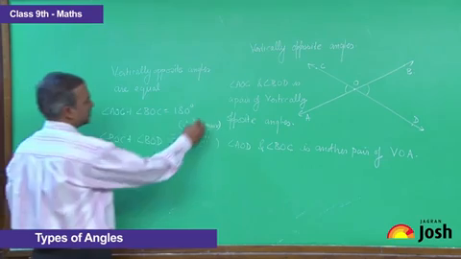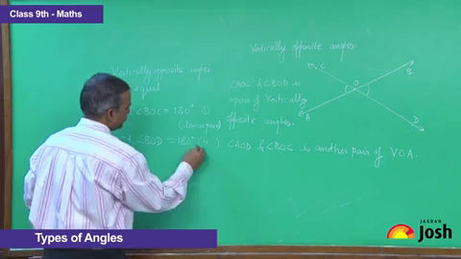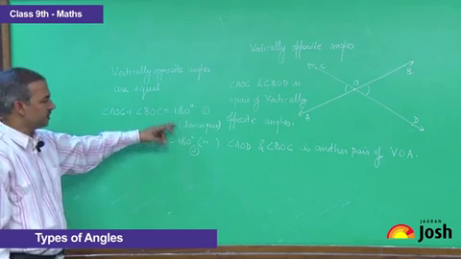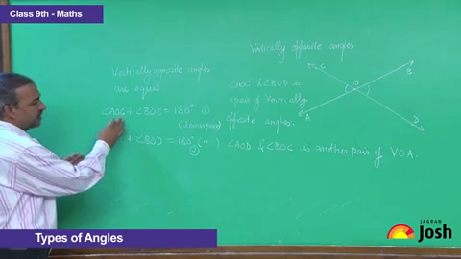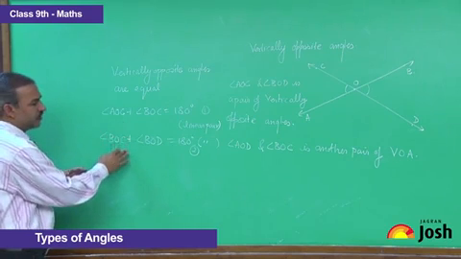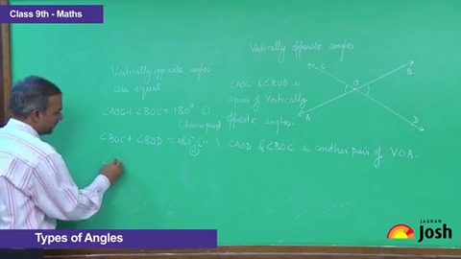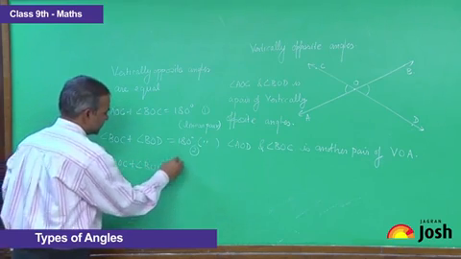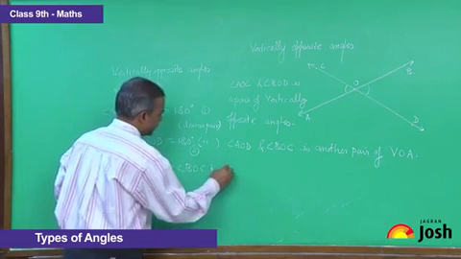If you consider these two equations, this is equation 1 and this is equation 2, the RHS of 1 is equal to the RHS of 2, and therefore the left hand side of equation 1 should be equal to the left hand side of equation 2, and hence you get angle AOC plus angle BOC is equal to angle BOC plus angle BOD.